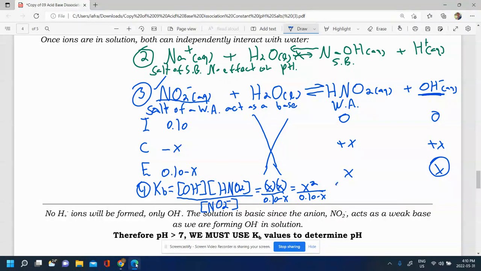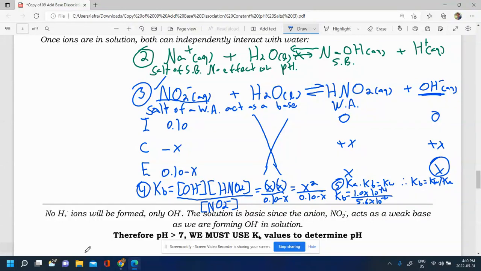So remember that Ka times Kb is equal to Kw. Therefore, Kb is Kw over Ka. So Kb will be Kw over Ka, so 1.0 times 10 to the power of negative 14 divided by 5.6 times 10 to the power of negative 10.